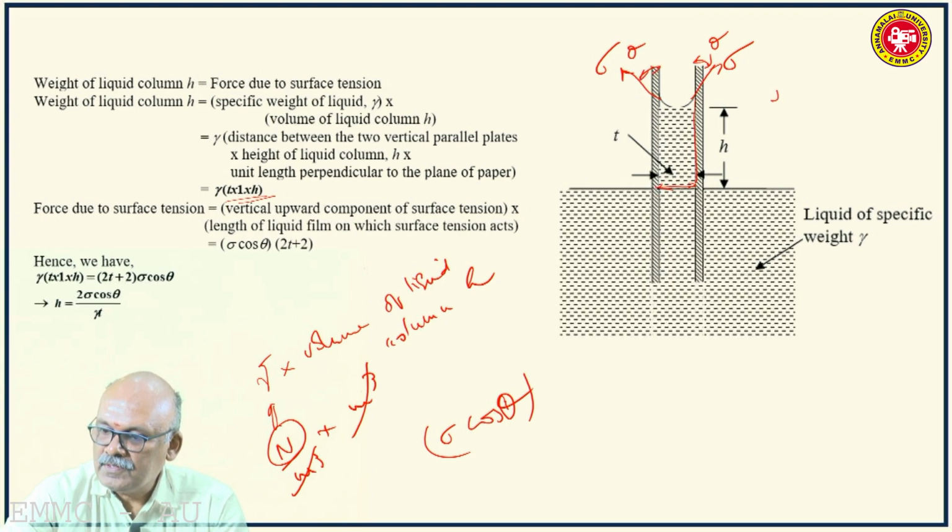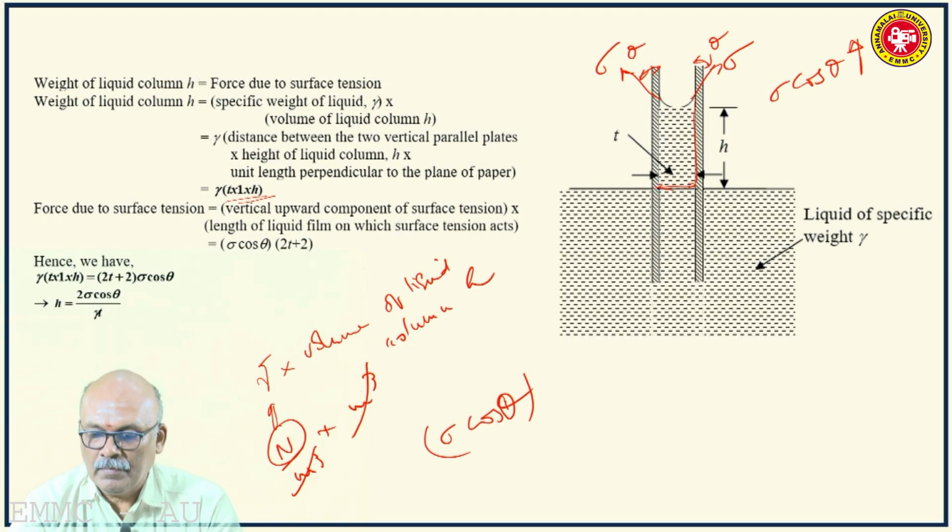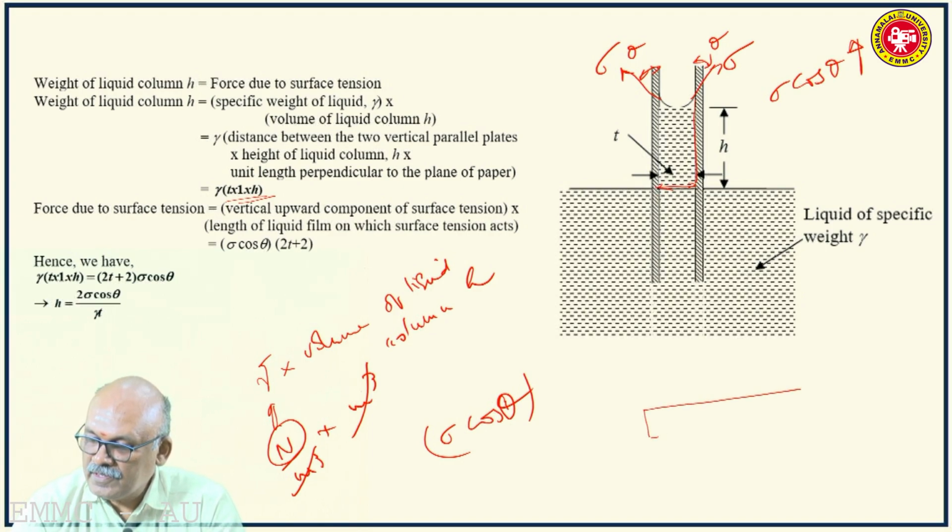So sigma cos theta is the vertical component of sigma multiplied by length of the film on which the surface tension acts. So what is the length of the film? So it will be a rectangle. So you are considering 1 meter length perpendicular to the plane of the paper, that is this much, and this distance is T, is also T.